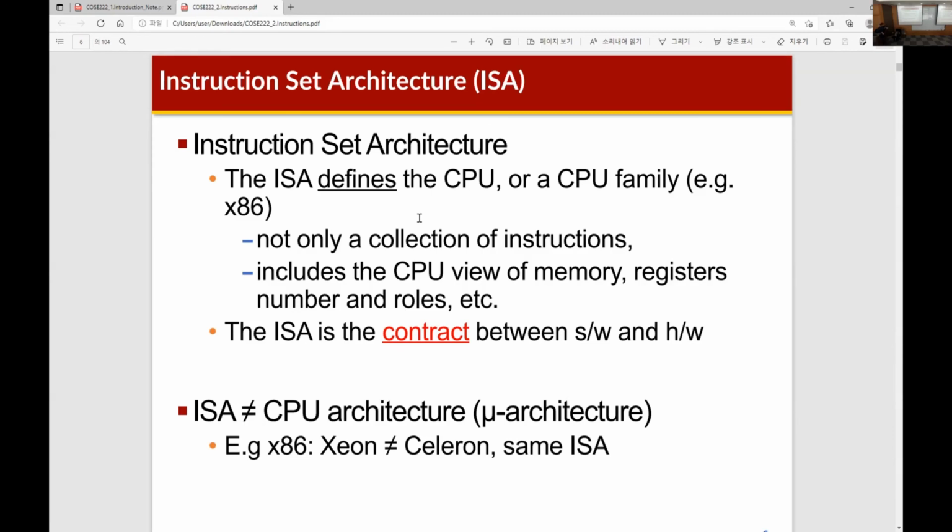If a certain CPU is designed to support a certain ISA, then the CPU can just run the applications that include this specific instruction set architecture. For example, Intel CPUs can run only the x86 ISA, not the ARM ISA, because the ARM ISA defines different instructions and different results.